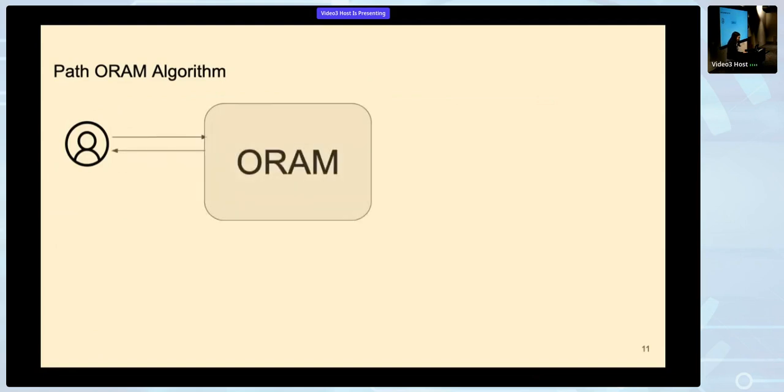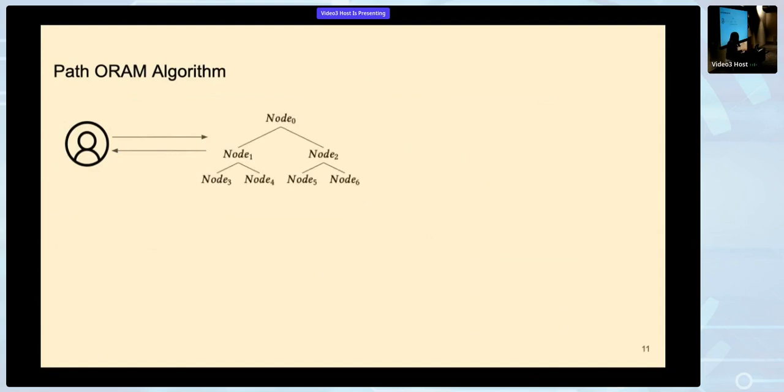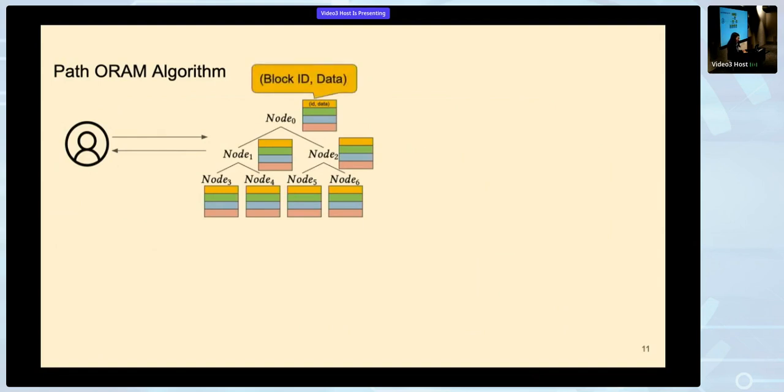All right, the user interacts with this Path ORAM system, under the hood of which is a tree that looks like this very simplified tree. Each node is associated with some number of blocks, which is the unit of memory that you do read or write access with. And each entry has this pair of block ID, which you can think of as the logical or virtual address to the memory, and the corresponding data stored in it.